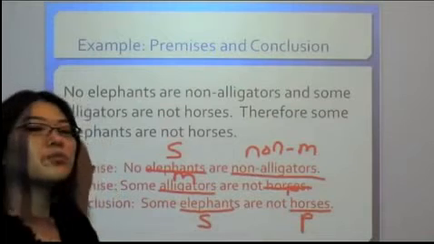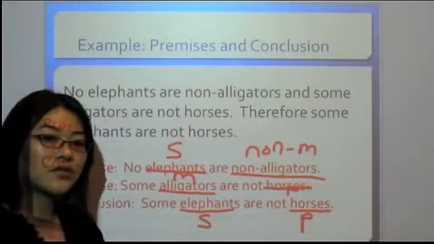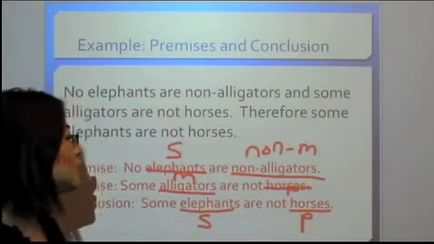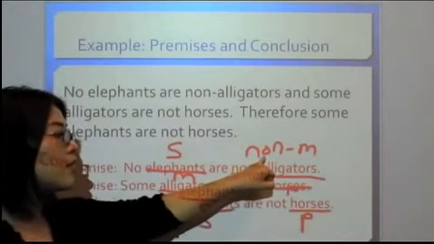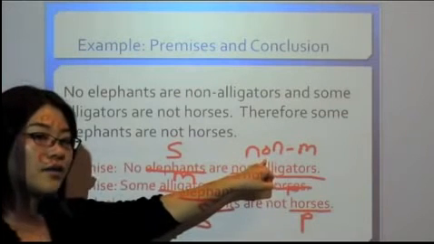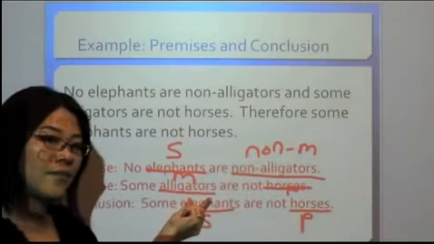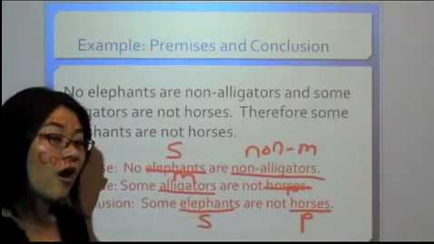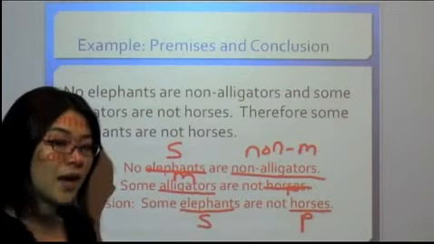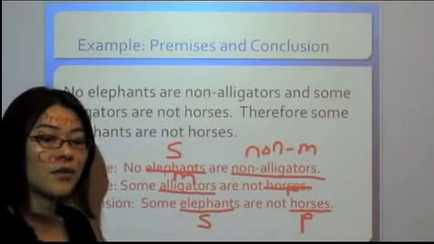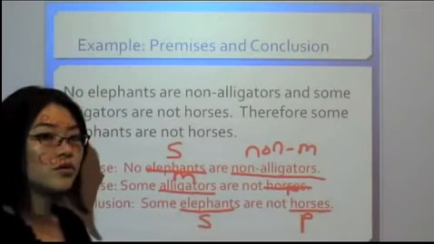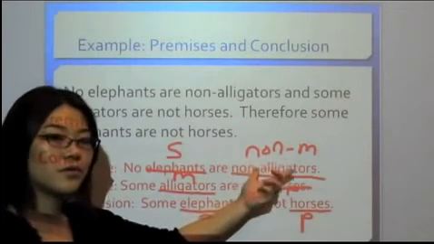So what we want to do when we turn this into a standard form categorical syllogism is to try to figure out a way to get rid of this non here, this term complement, and turn it into an M. Okay, and we can use our operations that we learned in the past, okay, of either obversion or contraposition, okay, in order to figure out how to get rid of those non-M's.